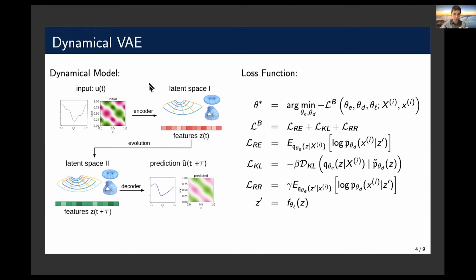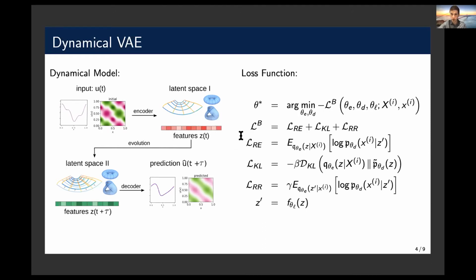So this is the general framework, and we have an evolution map inside the latent space, and you can apply it an arbitrary number of times to evolve arbitrarily long into the future. So the specific loss function, which we use to train this VAE, mainly has three different components, as you can see in this line.